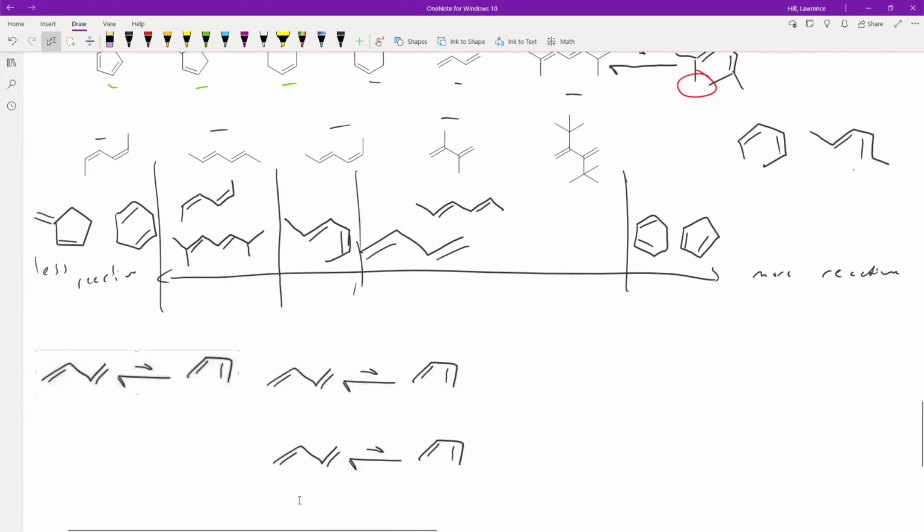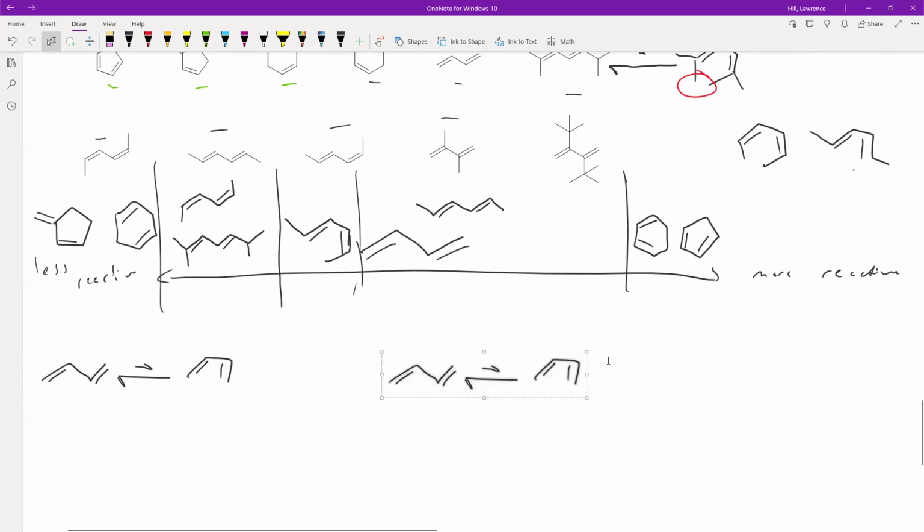So if we look at this versus this, we're comparing these two. And in this second case, we have an extra methyl group here and here, and an extra methyl group here and here.